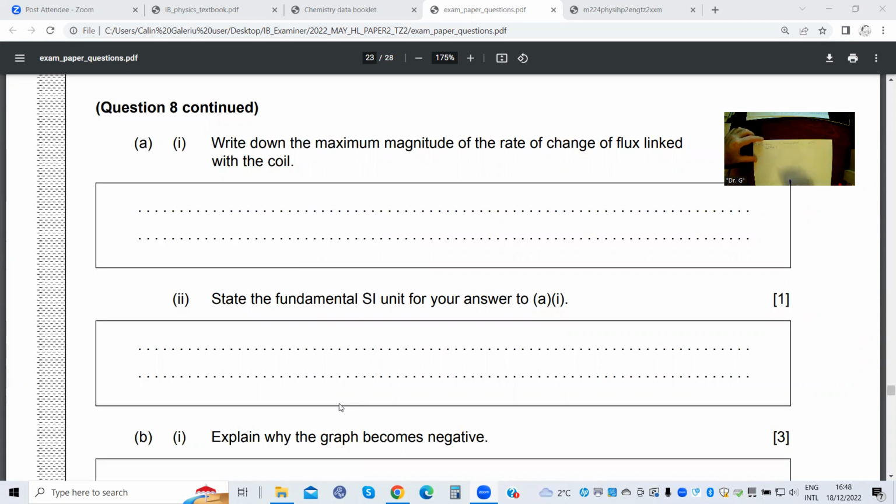Okay, but this is not good. The SI unit for voltage is the volt. That's not the question.